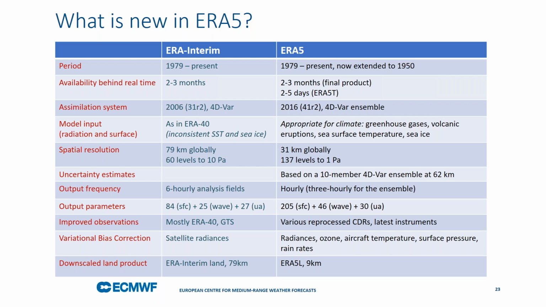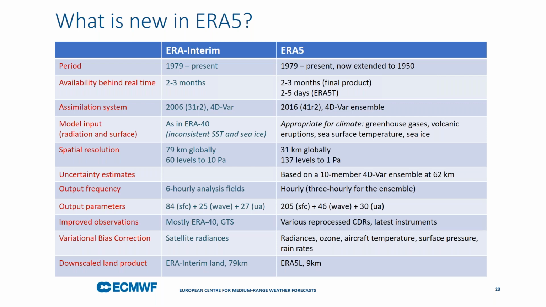And I think that a really important thing about reanalysis today is that we have much better input observations that have been reprocessed and recalibrated by different groups, data providers, etc. So there are other improvements. Variational bias correction is applied to different, not just the radiances, but many other instruments as well. And of course, the resolution is much better than ERA interim.